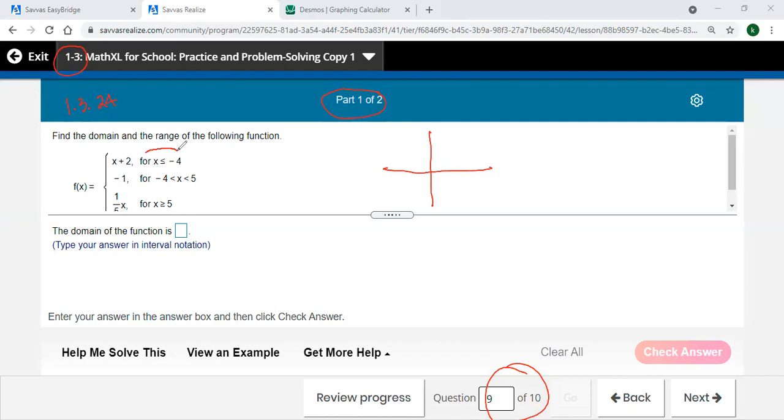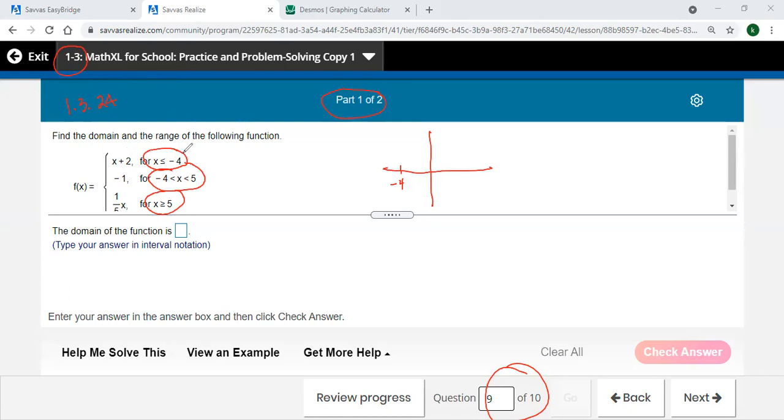You could probably, some of you, look at these 3 parts and come up with the domain without doing anything else. I'll still sketch the graph and see if that helps anybody. To the left, X is less than or equal to -4. We have X plus 2.